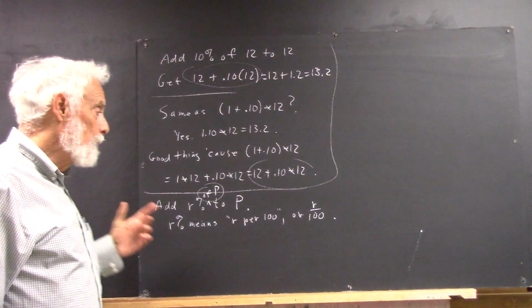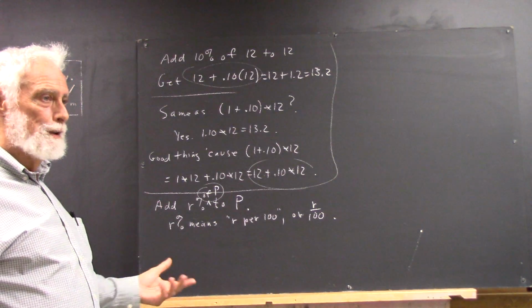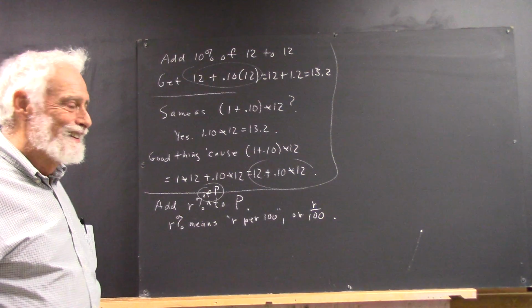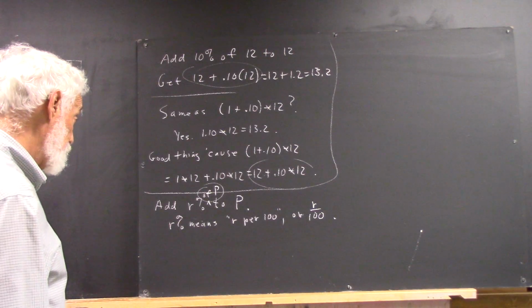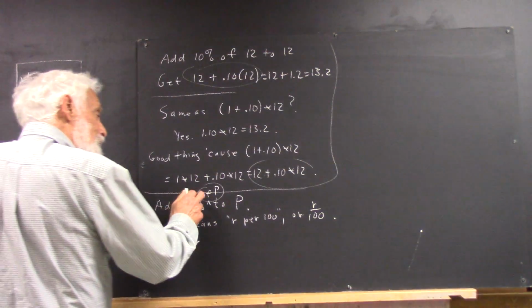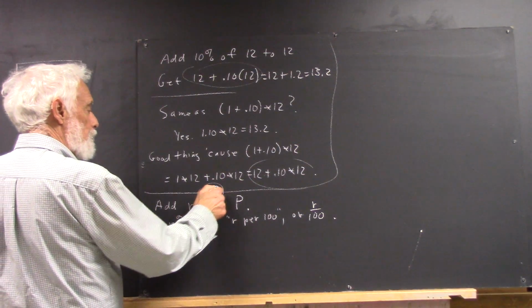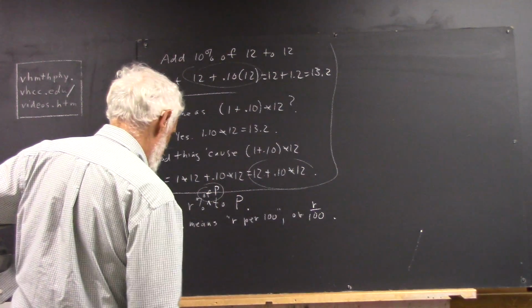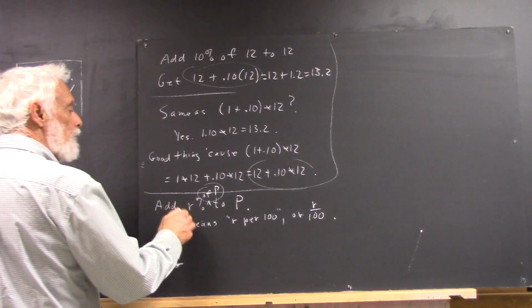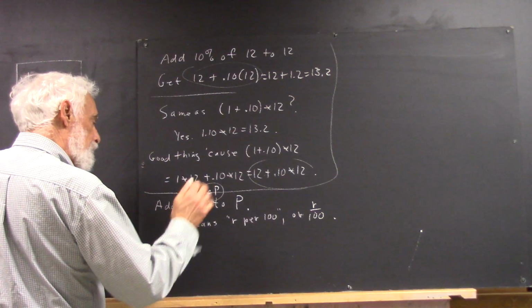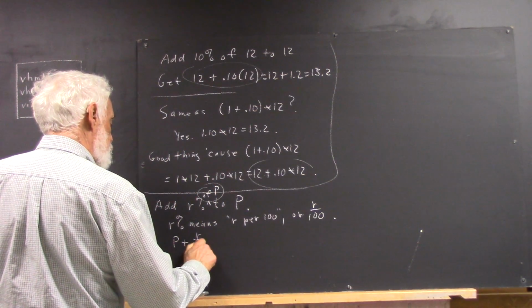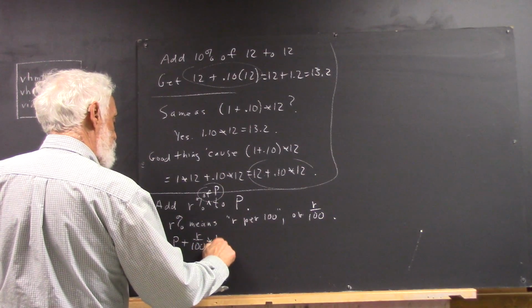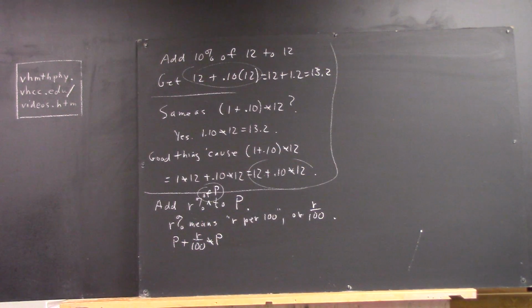Now if I say add R percent to P, unless P is a percent, you pretty much have to do R percent of P added to P. It wouldn't make sense any other way. But I've been fairly careful to say R percent of whatever added to whatever. Okay, so we have R percent of P added to P. That means P plus R over 100 times P, right?